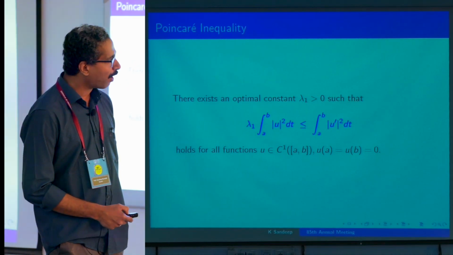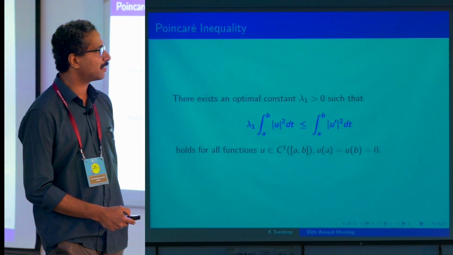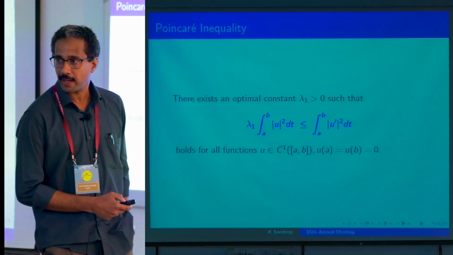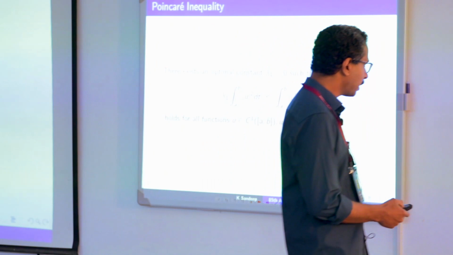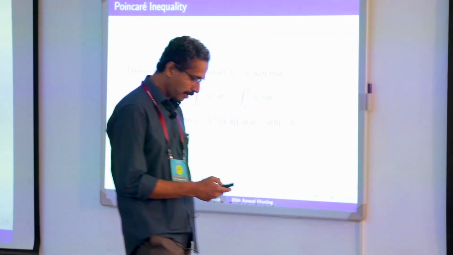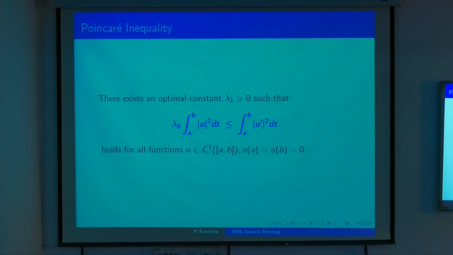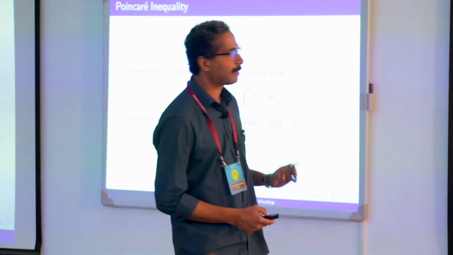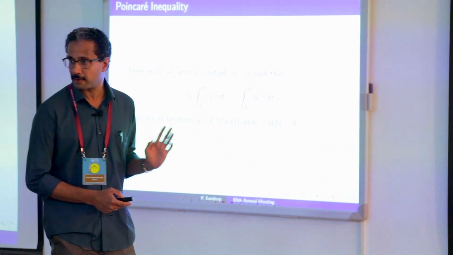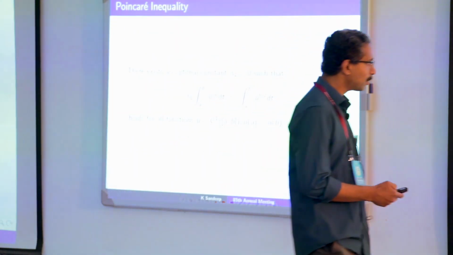This holds for all differentiable functions which vanish at a and b. If you know a little bit of ordinary differential equations, one can show that this lambda 1 has some significance: it is the first eigenvalue of the operator minus the second derivative. I am not going into those details.